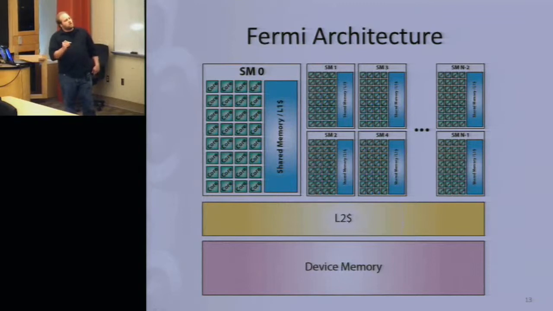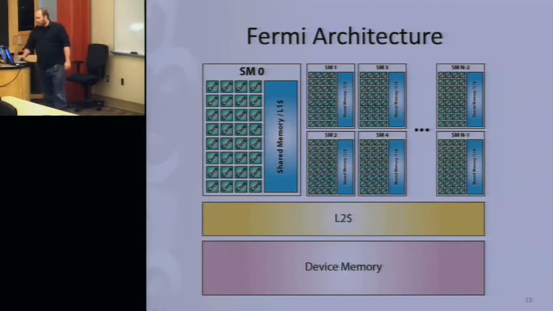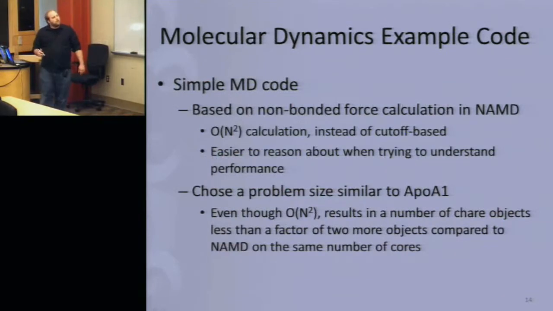We're using this in such a way that the shared memory is being used as an L1 cache as much as possible. And then there's the L2 cache and device memory associated with the device also. Sorry, if you have any questions, feel free to stop me. I'm trying to get through this fast because of time.